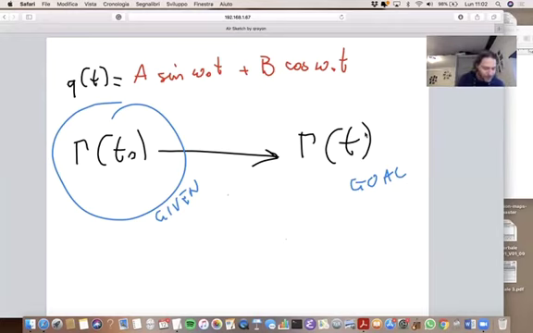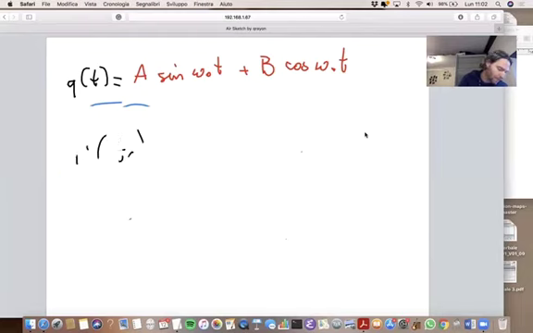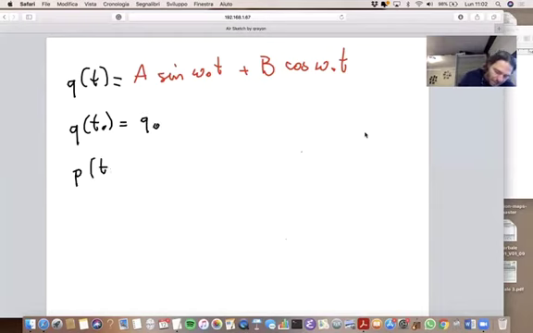So let's apply this, and let's be completely general. What do I mean? Well, let's suppose that at some time t naught, my initial position was q naught, and my initial momentum was p naught. q naught and p naught are arbitrary parameters.